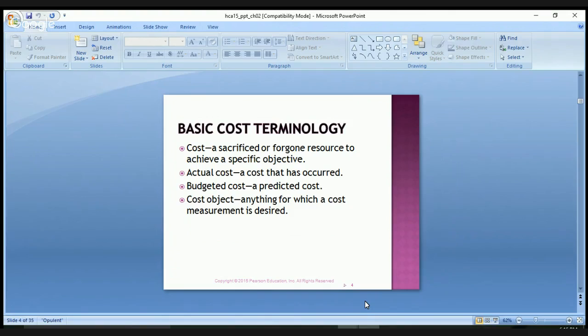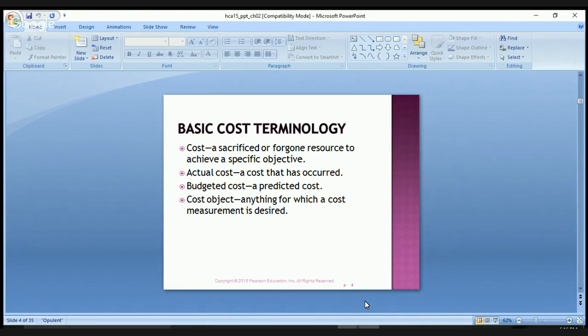Something that has a value to it. Well, what do we use for cost? Money. Yeah, money. In most cases, that's what we're going to be talking about: how much did it cost us? So cost is a sacrifice or foregone resource to achieve a specific objective.